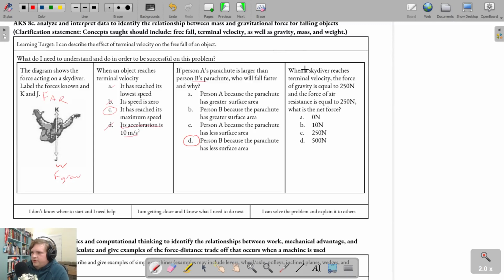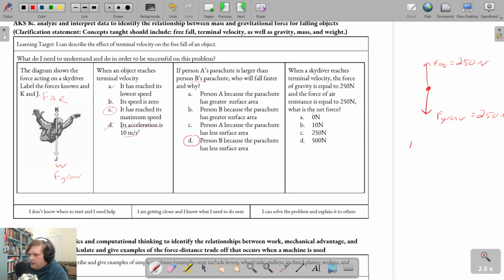When a skydiver reaches terminal velocity, the force of gravity is equal to... Alright, here we go. Draw it out. Skydiver. Force of gravity is equal to 250 newtons. Beautiful. And the force of the air resistance, here we go. Force of air resistance is equal to 250 newtons.